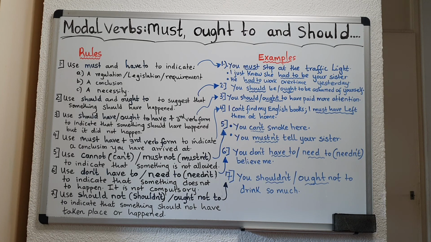And if you want to let your friend know that something does not have to happen, they don't have to do it, it's not compulsory, then use don't have to or needn't. And finally, when you want to let someone know that something should not have taken place or happened, then use shouldn't or ought not to.